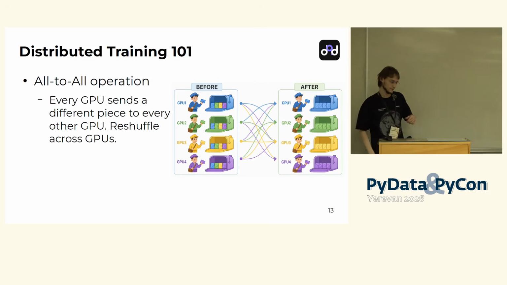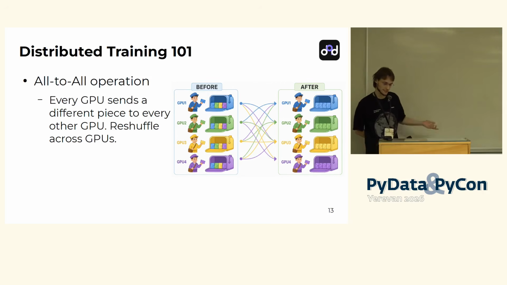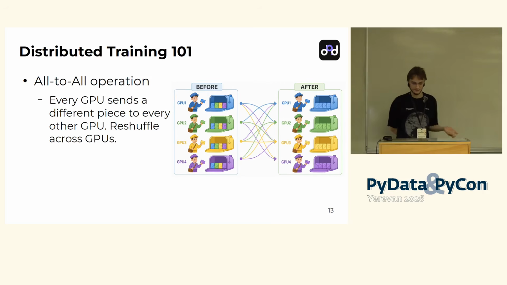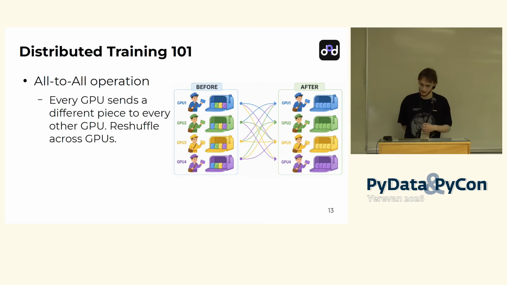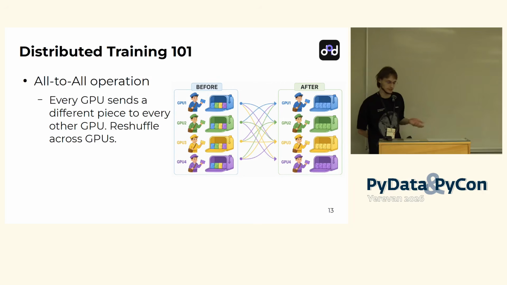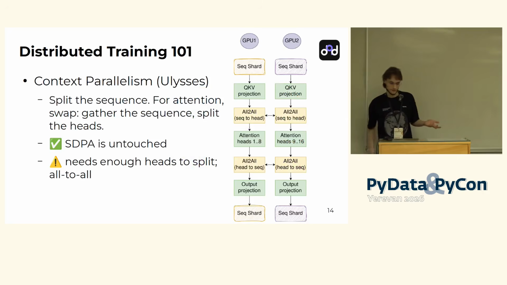All-to-all is a bit more complex, but it's really useful for context parallelism and some other parallelism methods. It works in a way that every GPU sends a different piece of data to every other GPU. You can imagine some postmen doing deliveries here. It's just like a transpose or reshuffle operation across GPUs. And it's used for one of two context parallelism methods.